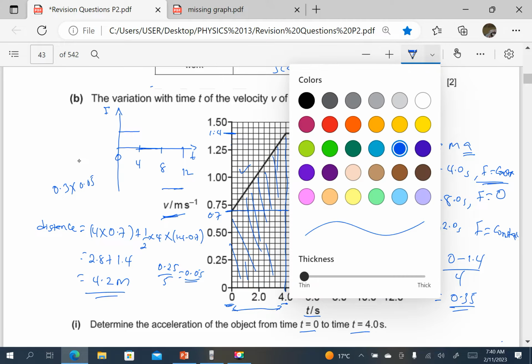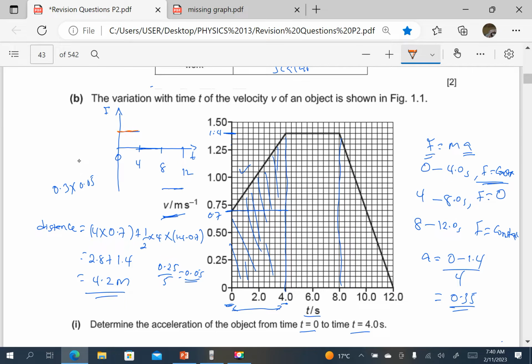If I change the color for us to see this graph, we have a horizontal line here between t equals 0 and t equals 4, a horizontal line here between t equals 4 and t equals 8, and a horizontal line here between t equals 8 and t equals 12. So I will just join this into a simple step, something like that.